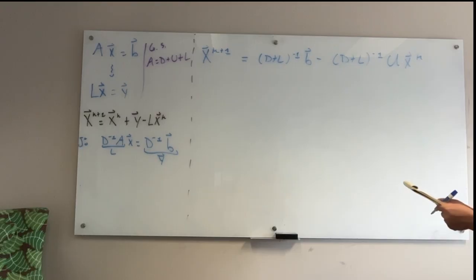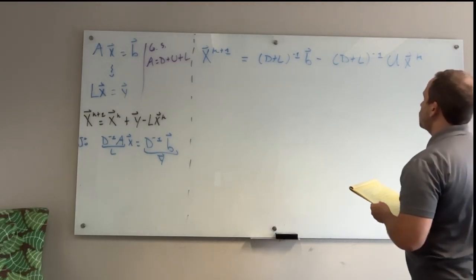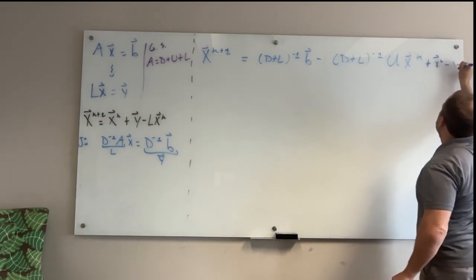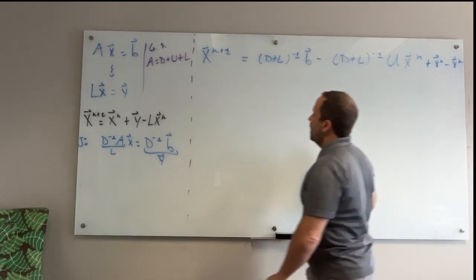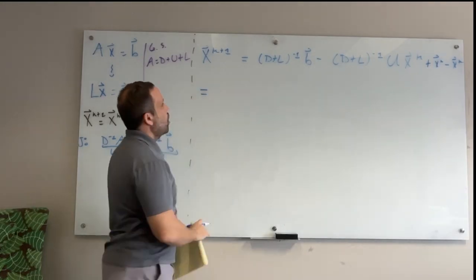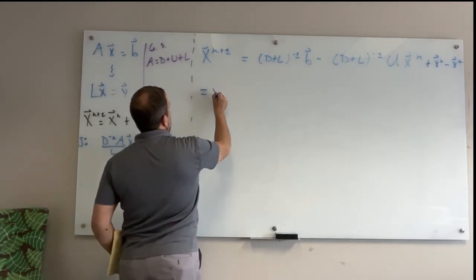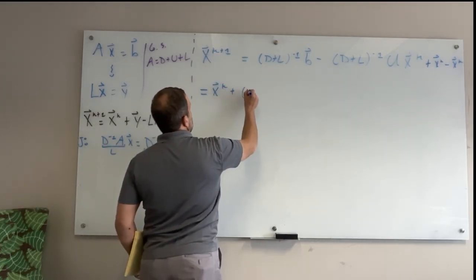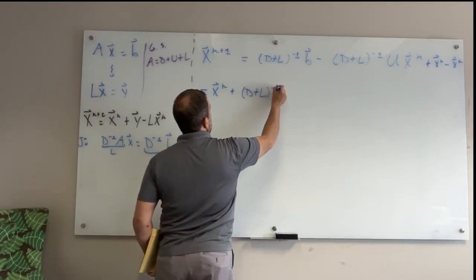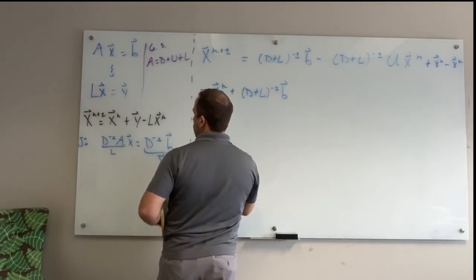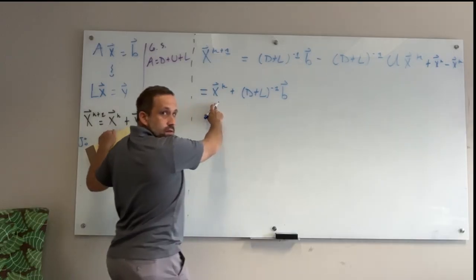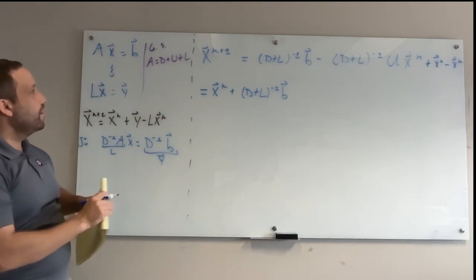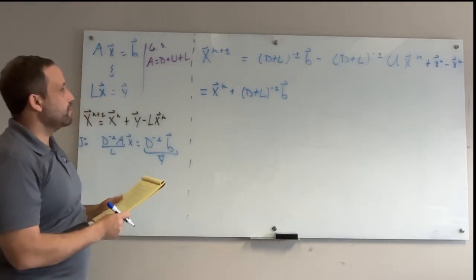Similar to what we did before, we begin by adding and subtracting x_k. So plus x_k minus x_k, and I'm going to move my equal sign all the way over here to make sure I have enough room. I'm going to have the kth iteration x_k plus (D+L)^{-1} b. So x_k matches with x_k there, and (D+L)^{-1} b matches with the y. Now you just need to make everything else match up properly.